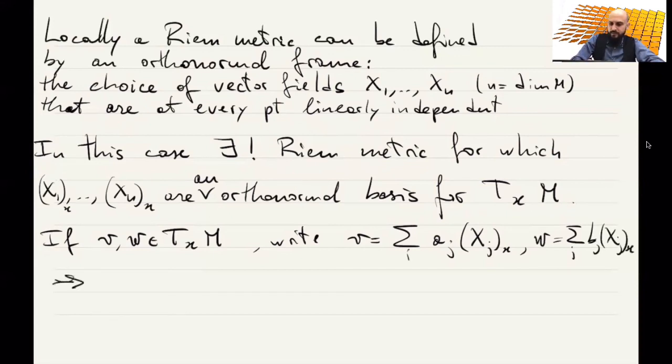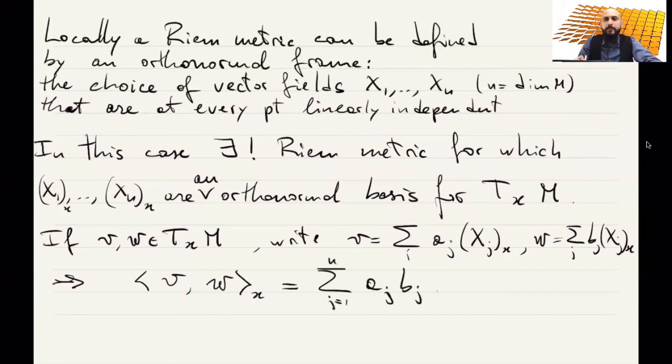And then the scalar product between v and w at the point x is the sum over j of aj bj. Okay, so this is what are smoothly varying scalar products.